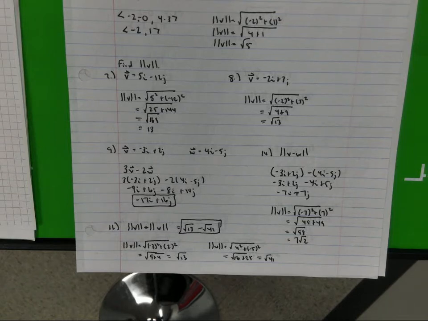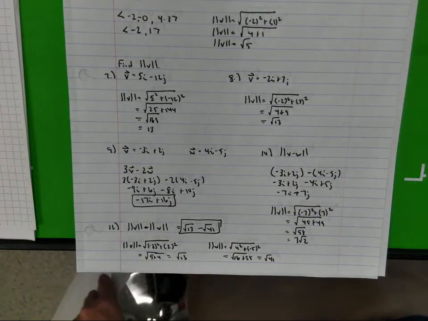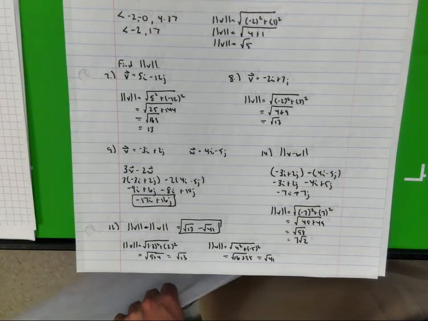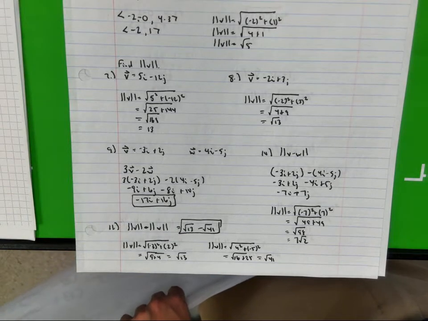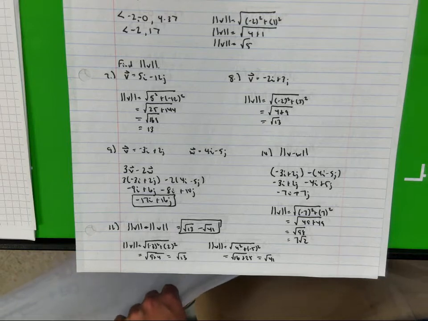Now, what's special on number 10? You got to do what's inside the what first? The grouping symbols. You're going to say v minus w, vector v minus vector w. What does that minus do to everything in that second parentheses? Changes sign. You get -7i plus 7j. But then you got to find the magnitude. What do these bars mean? Magnitude.